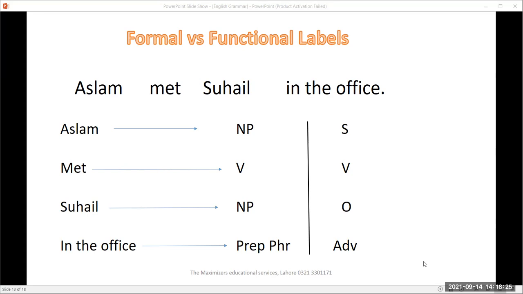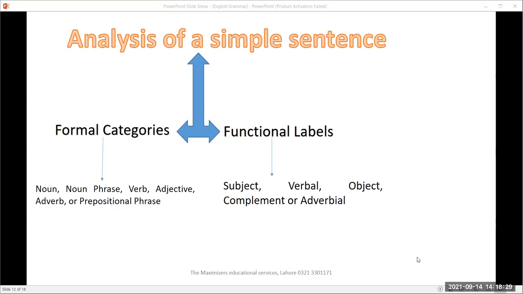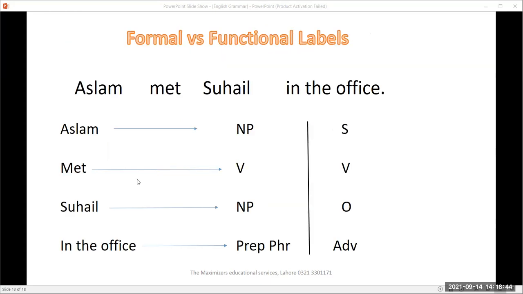According to the formal categories, we have to analyze it according to noun, noun phrase, verb, adjective, and according to the functional label, we have to analyze the sentence as per the subject, verbal, object, and complement or adverbial. So let's see.